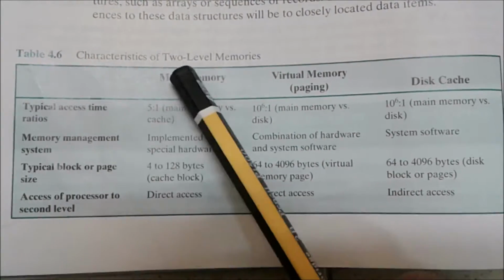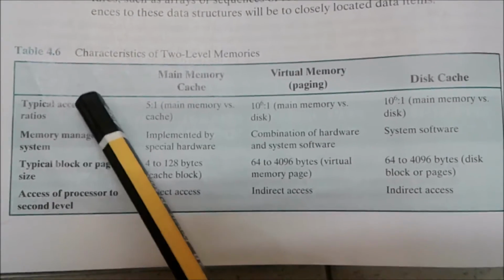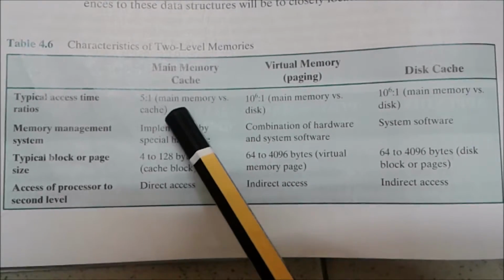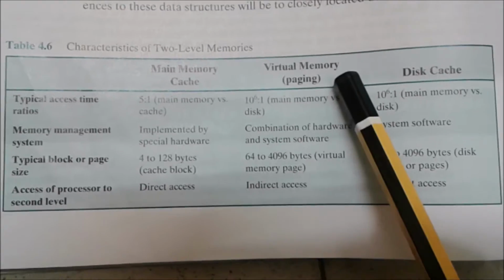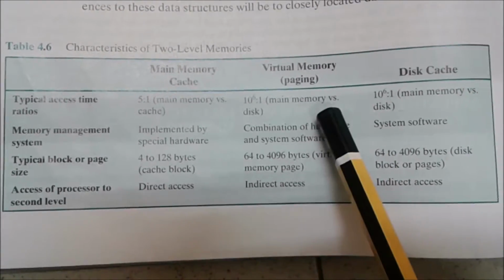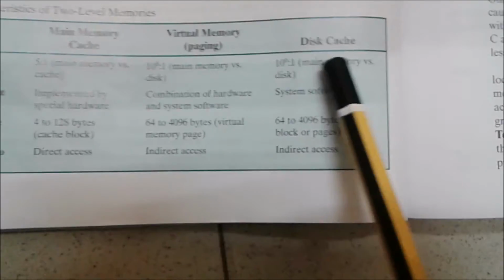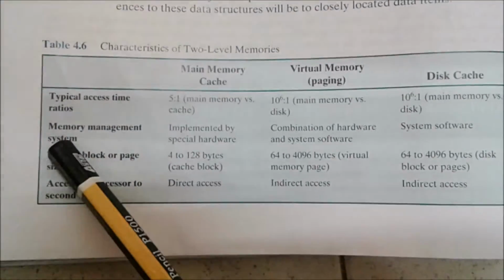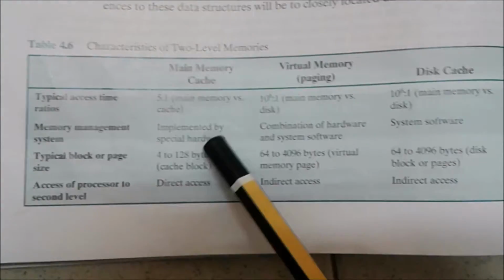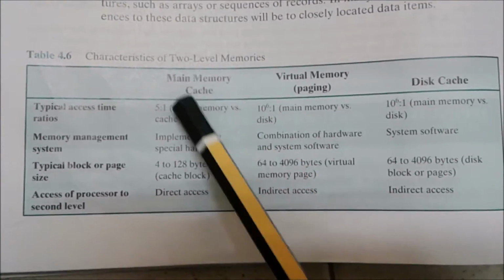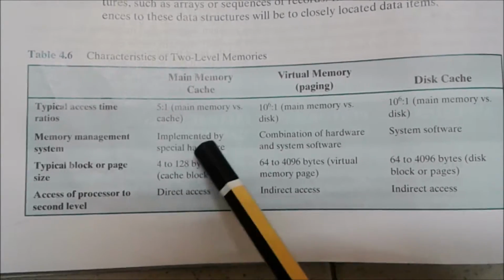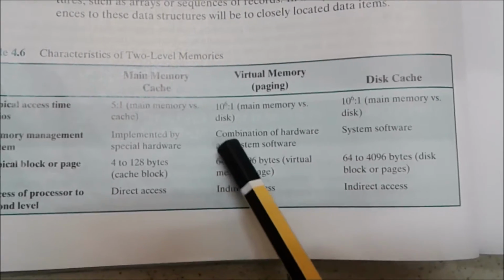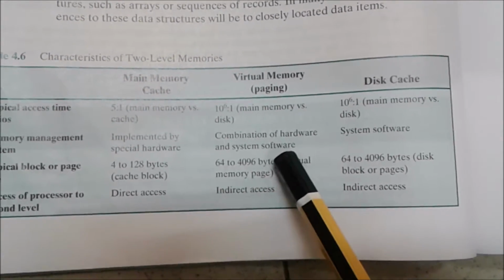Okay, characteristics of two-level memories. For typical access time ratios: for main memory cache, main memory versus cache. For virtual memory, main memory versus disk. For disk cache, main memory versus disk. For memory management system, main memory cache is implemented by special hardware. For virtual memory, a combination of hardware and system software.